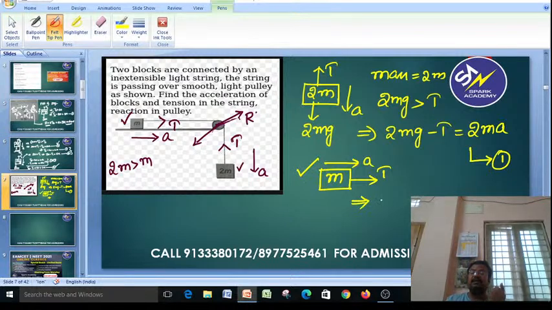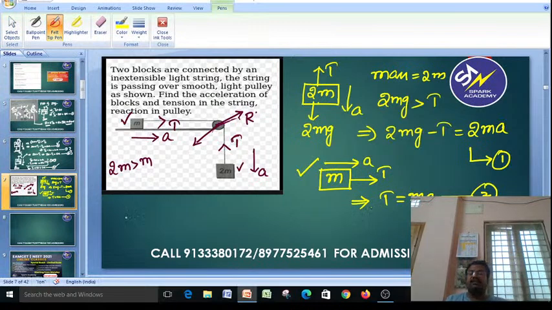The net force acting on the block here is tension. Due to the tension in the string, the block will move towards the right side. So tension is equal to mass into acceleration. This is the second equation.